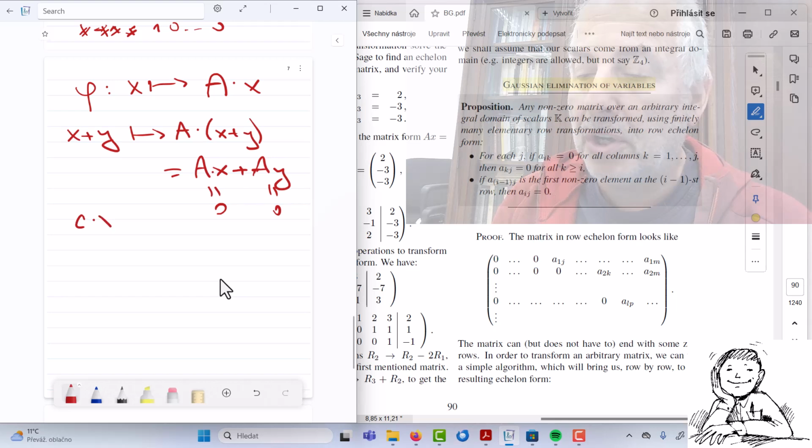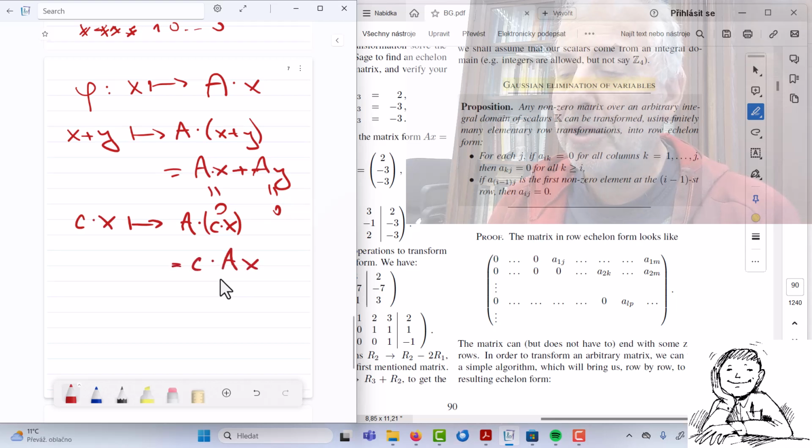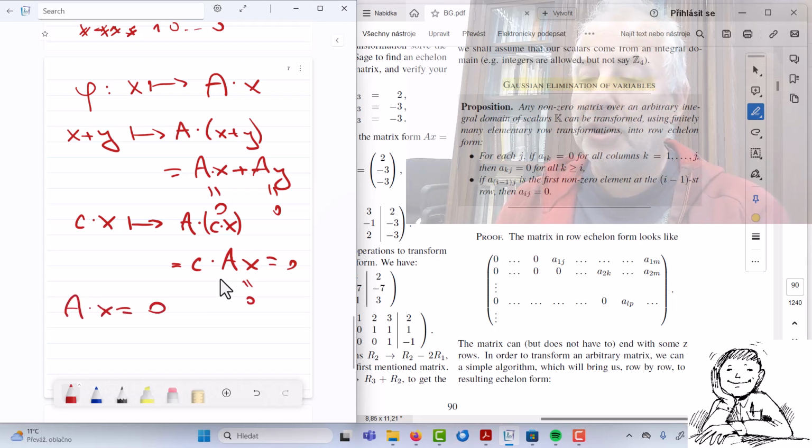If I take c times x, then I map it to A times c times x, and again by associativity this is c times Ax, and so again if this was 0, then this is also 0. So you see that actually the kernel, the set of all the elements which satisfy the equation A times x is 0, is closed with respect to the multiplication by constants and also with respect to addition.